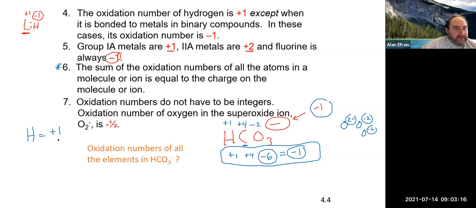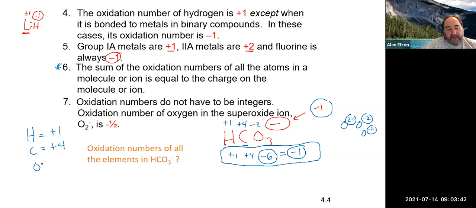You don't want to write just 1 because is it -1? Is it +1? You do want to include the actual charge with it. So the correct way to write the oxidation number here would be +1 for hydrogen, not just 1. Same thing for carbon. Carbon here would be +4, again not just 4. You should have the charge included with it.